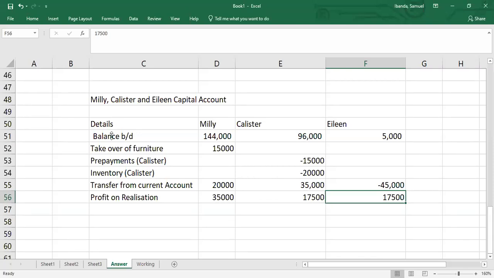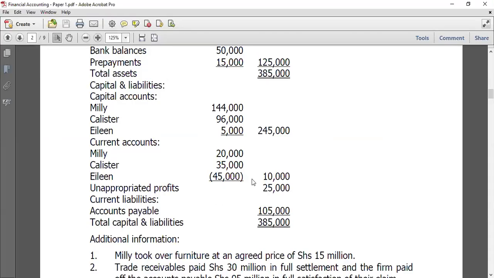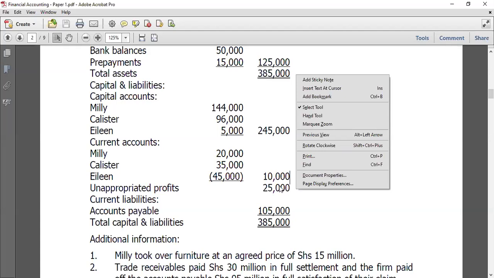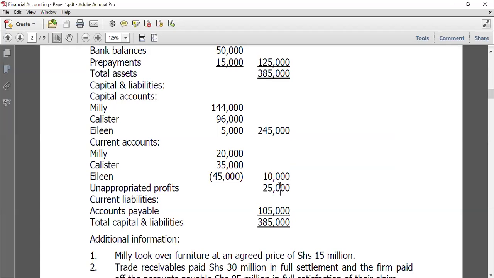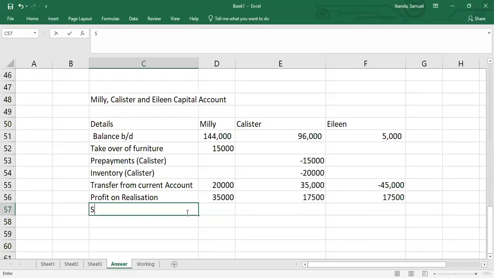So if you realize, before we even proceed, we had in our books unappropriated profits of 25,000, okay? So we should also share these unappropriated profits, which is 25,000, because the partnership is closing, so we no longer need them to be there.